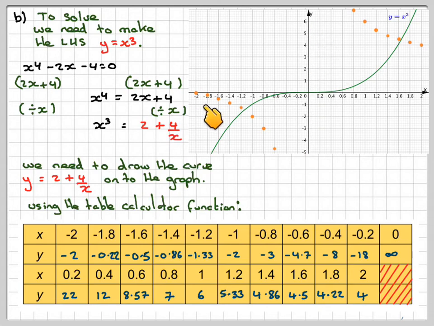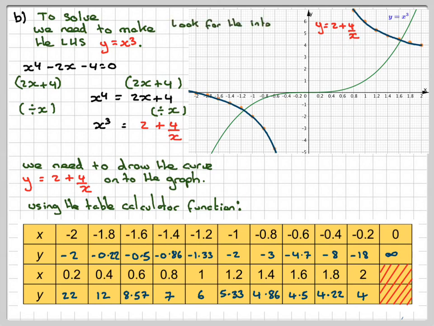So you need to draw these in a nice smooth curve. Now you don't join this end up to this end, because this is what's known in mathematics as a vertical asymptote. It's not actually defined at that point. So just draw a curve like that, and label the curve y is equal to 2 plus 4 over x.